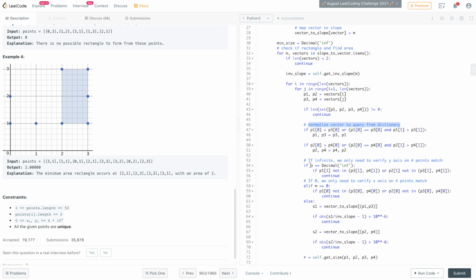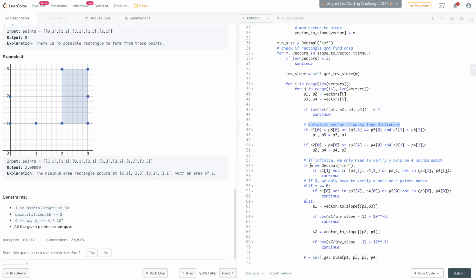If the m, or in this case slope, happens to be infinite, which means it goes directly through the x-axis, what we actually just need to do is check whether the y-axis on all 4 points match. Whether the y-axis on P1 exists in either P3 or P4 in the other vector, and whether the y-axis in P2 also exists within P3 and P4.